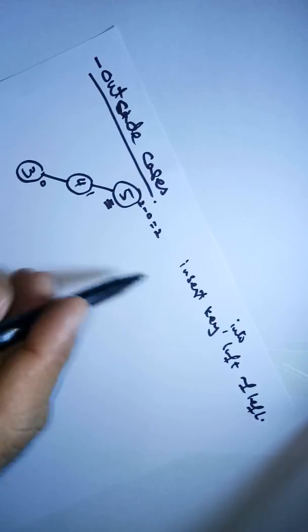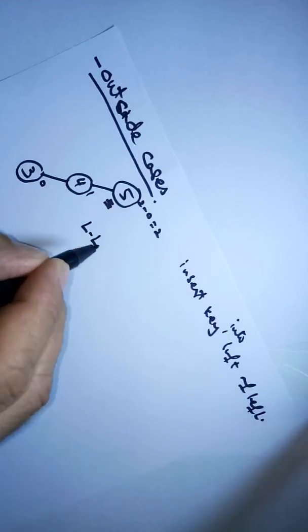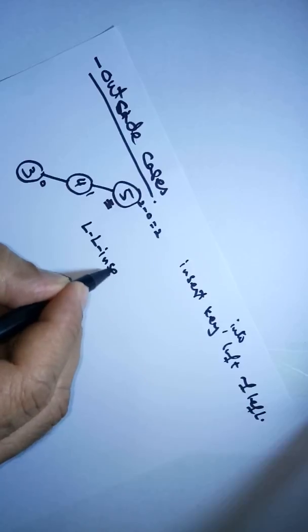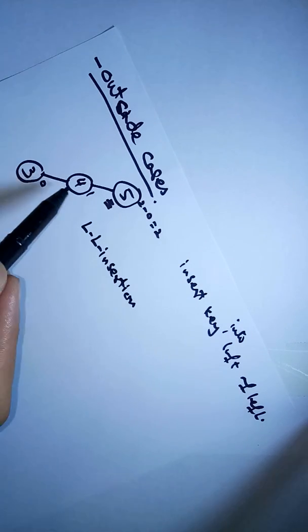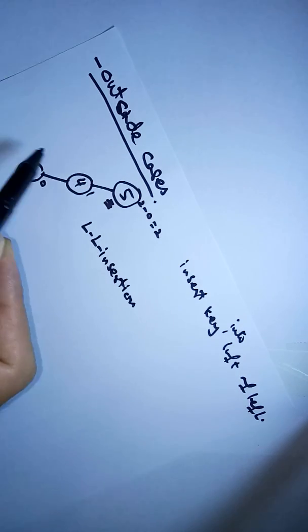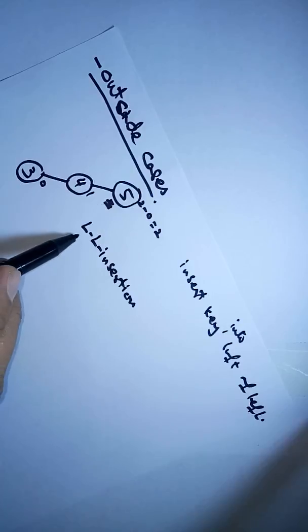That's why this problem arises. Let me call this problem a left insertion problem. This problem is because we inserted a key value in the left subtree of the node. That's why the balance of that node is disturbed.